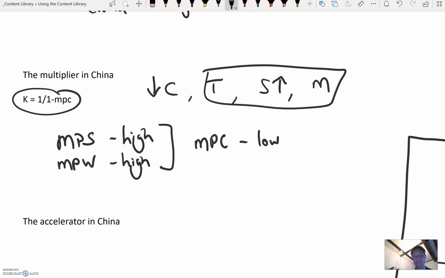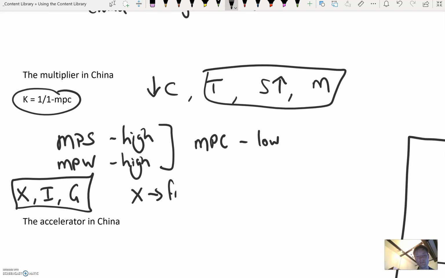Now what injection does China have? Well, you could have the injections of exports, investment, or government expenditure. And China has significant exports, investment and government expenditure. It's an export-led economy, which means if there's an export that comes into China, that creates an export injection, that goes to firms, who then pay that money to workers, and workers can decide whether to consume or save.